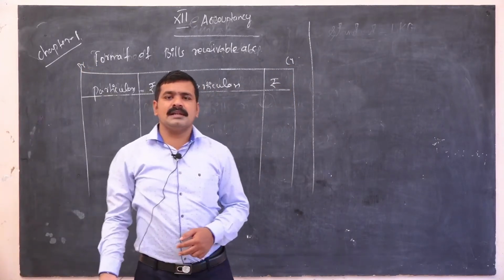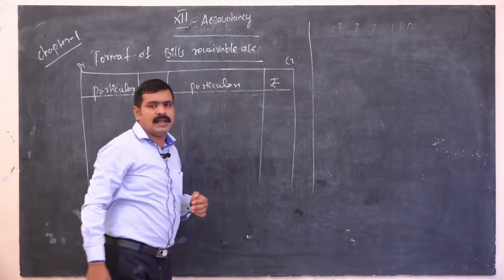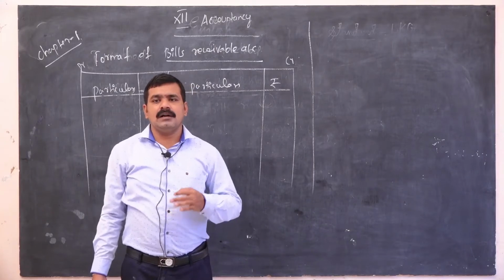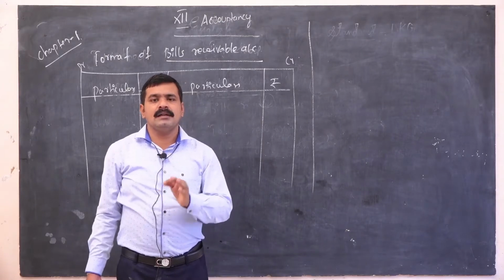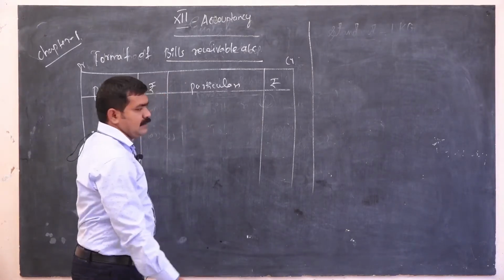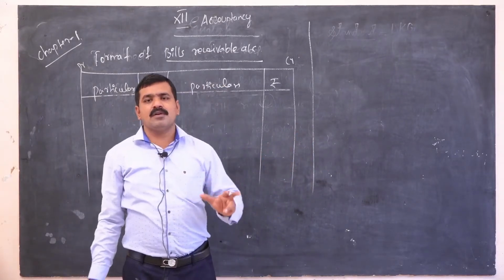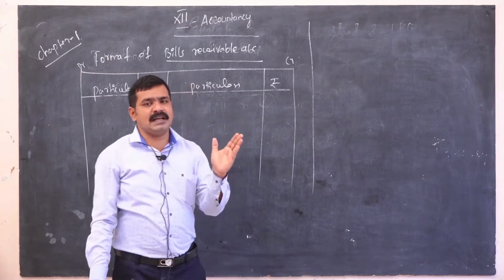We already saw this is a bills receivable account, so this is called an asset, a current asset. So you have to show the opening balance on the debit side. In case you are opening a liability, the opening balance comes under the credit side and the closing balance comes under the debit side. We already discussed this.